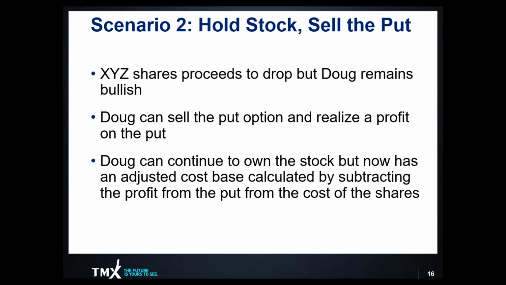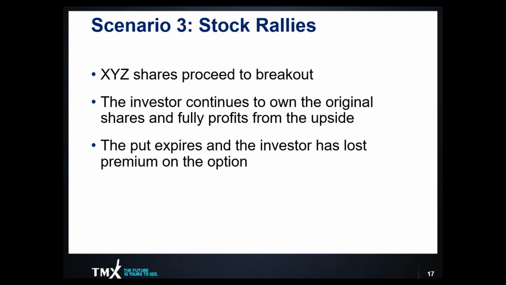Doug can sell the put option and realize the profit on the put, and then can continue to simply own the shares, recognizing that there is now an adjusted cost base by subtracting the profit from the put from the cost of the shares. So any profit that's been generated from selling that put option can help lower the break-even point on the shares that he continues to hold.